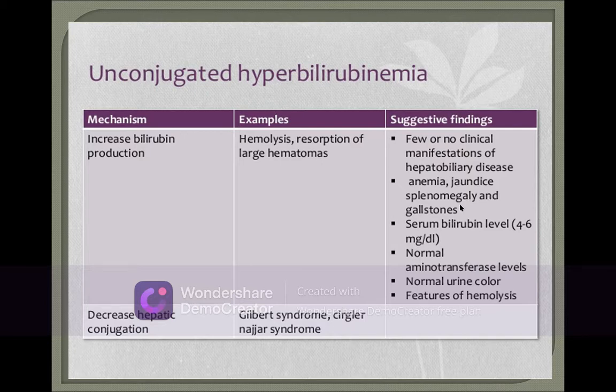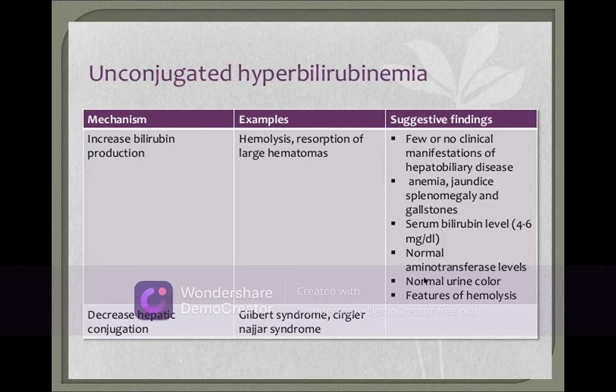And gallstones will form because of more bile pigments being excreted, forming pigmented stones in the gallbladder. The serum bilirubin level is 4 to 6 milligrams or more than that, and it may be normal.